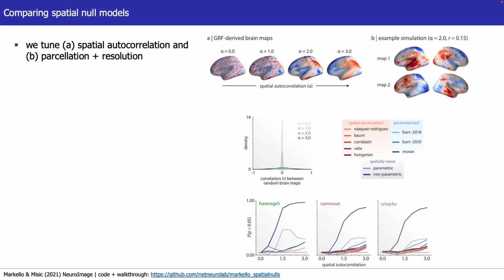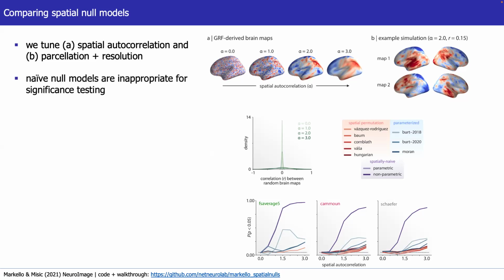And you see the results are very similar. What we also see more often than not is that the spatial permutation tests, the so-called spin test and its various implementations, tend to be a little bit more conservative. So they tend to perform better compared to the parameterized nulls.